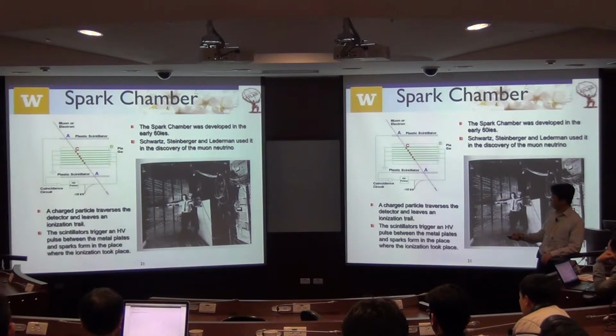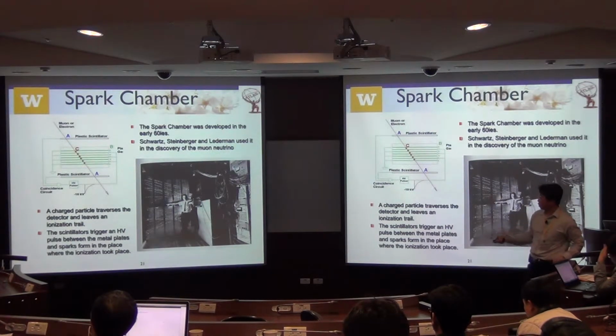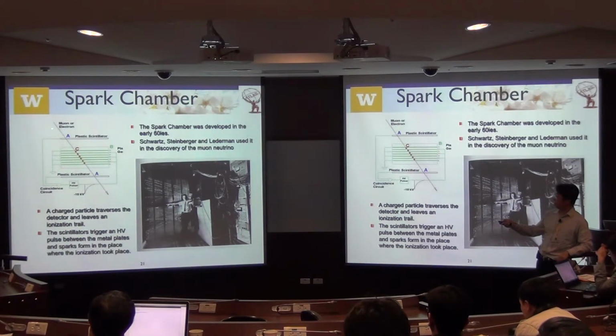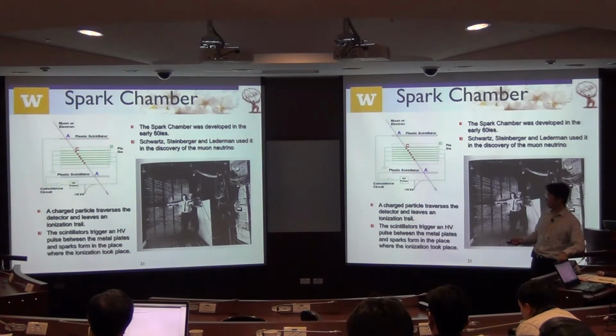Basically you have a layered structure, and the particle goes through it. It generates scintillation light, and the light triggers a high voltage pulse between the metal plates.